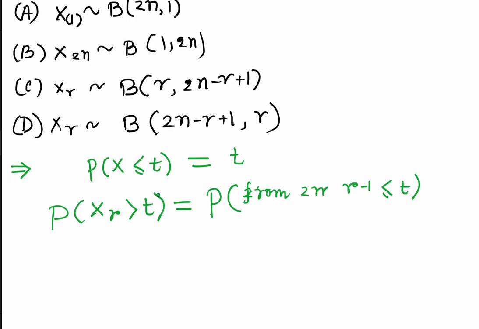The probability that any one random variable is less than or equal to t is simply t.